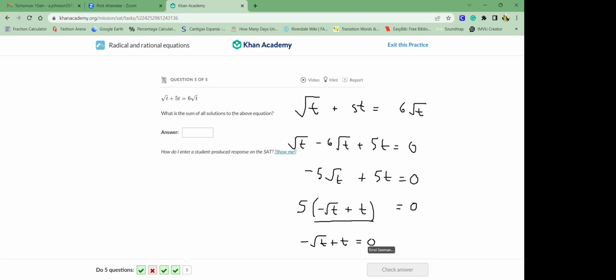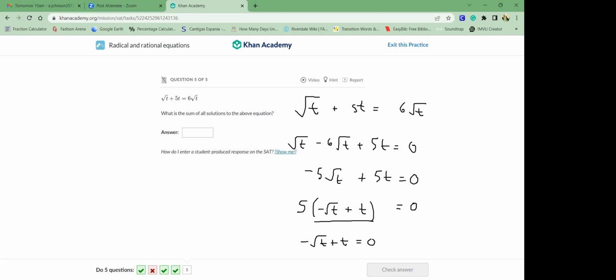So then how do we solve that for t? What we could do is, trying to solve that for t, right? t plus 5t equals 6 root t.